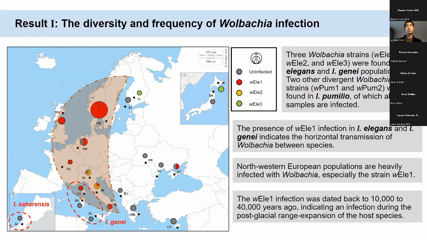But unfortunately, we don't have any samples from Central Europe. So in the future, it would be nice if we can increase the sample size from those populations and also get samples from the rest of the countries, so we can have a broader pattern of Wolbachia infection in Ischnura elegans and some other Ischnura species.